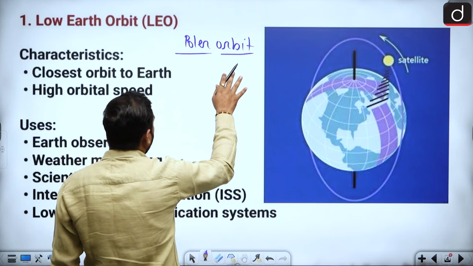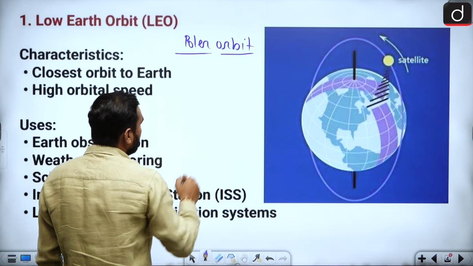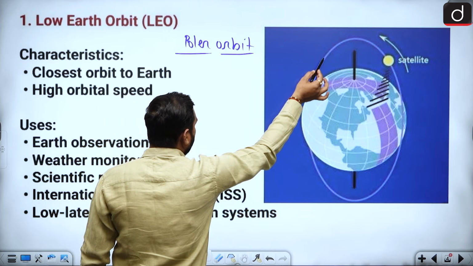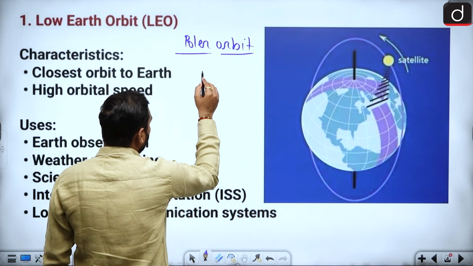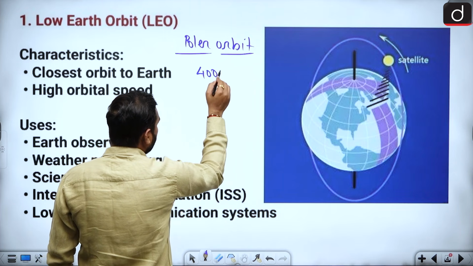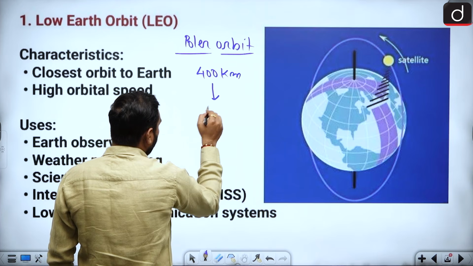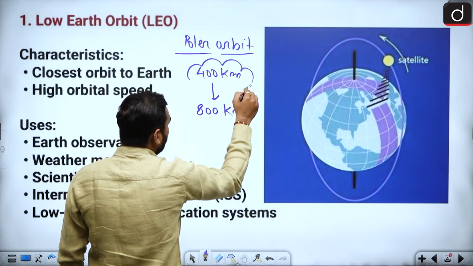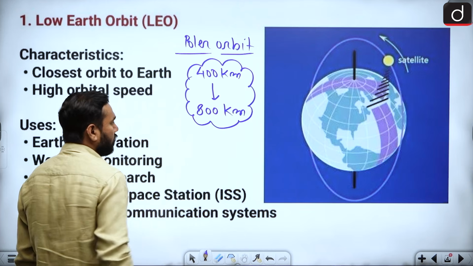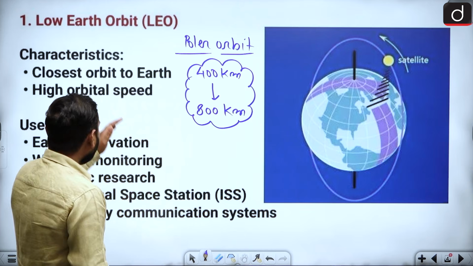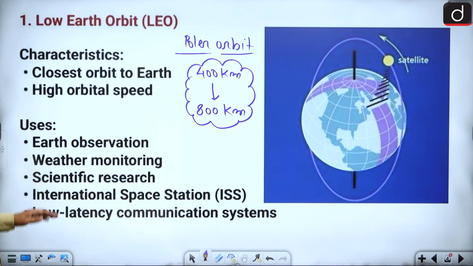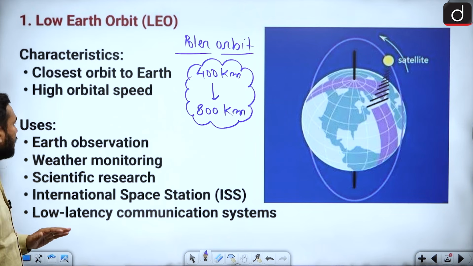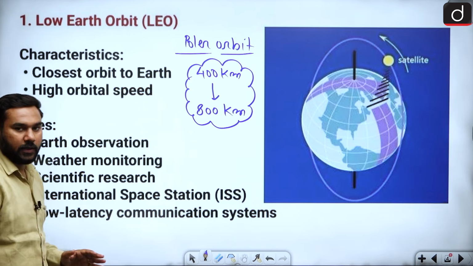When we talk about the height of it, this is the height from the surface of Earth to this path or orbit. It is around 400 kilometer to 800 kilometer. So this height is the most used part of polar orbit, and by this characteristic you know that it is the closest orbit to the Earth, because it is very near, 400 to 800 kilometer, and has high orbital speed.